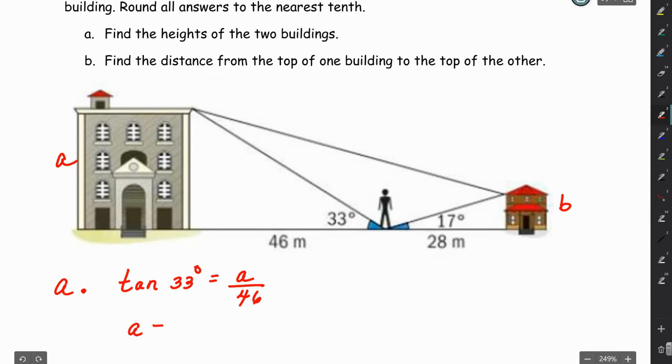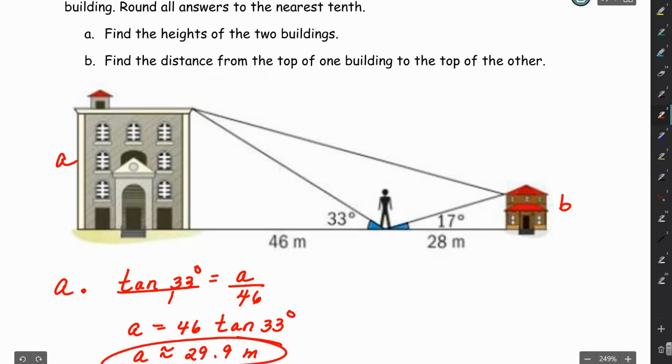So if I cross multiply, A is equal to 46 tangent of 33 degrees. And if I put that in my calculator and round to the nearest tenth, I'm going to get 29.9 meters. Okay, that's the height of the building on the left.